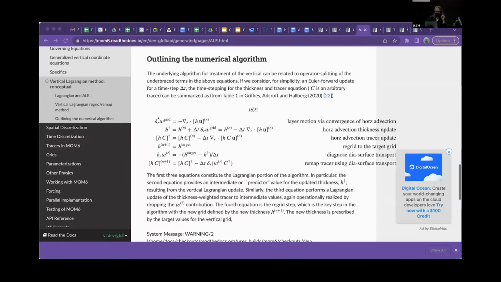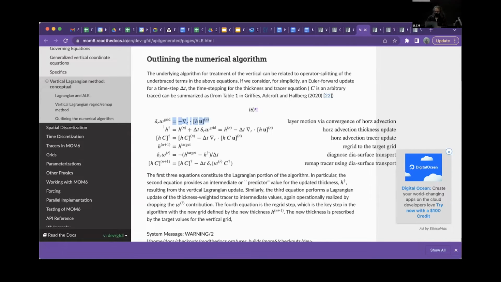So the first step is layer motion via convergence of horizontal advection. That gives you this W grid, the vertical velocity of the grid, which is just given by the convergence of the horizontal thickness transport. Okay, if you converge, you cause those layers to go apart. If you diverge, the layers get closer together, right?